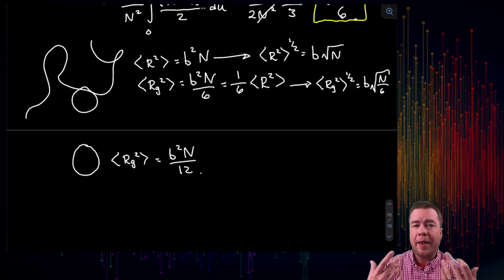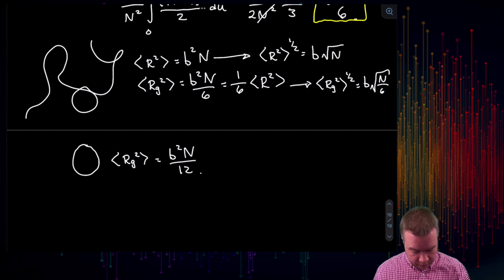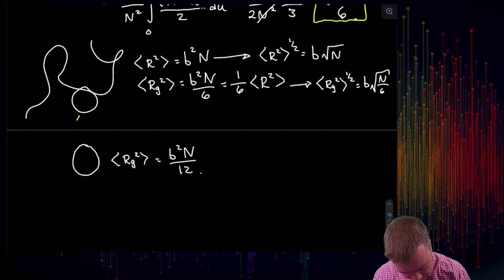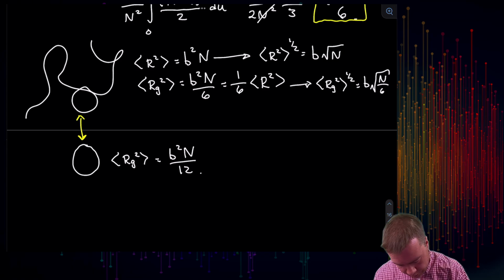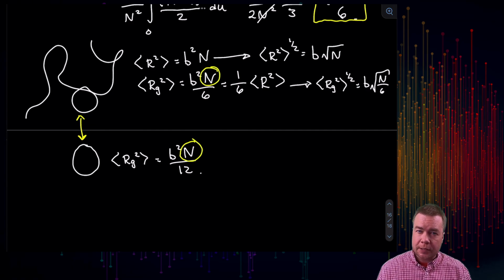So in other words, when you make a cyclic polymer, if it's the same molecular weight as the linear polymer, then the ring would have a smaller radius of gyration, but the radius of gyration would also scale the same way with n, and we're going to talk about that in just a second, what scaling means.